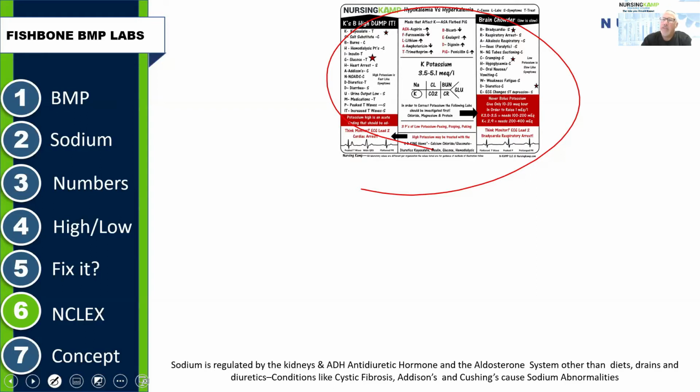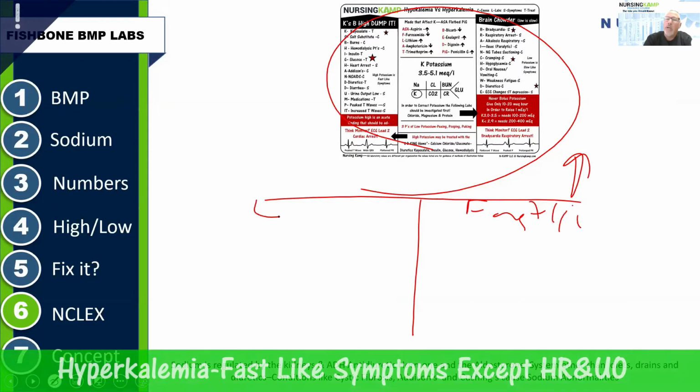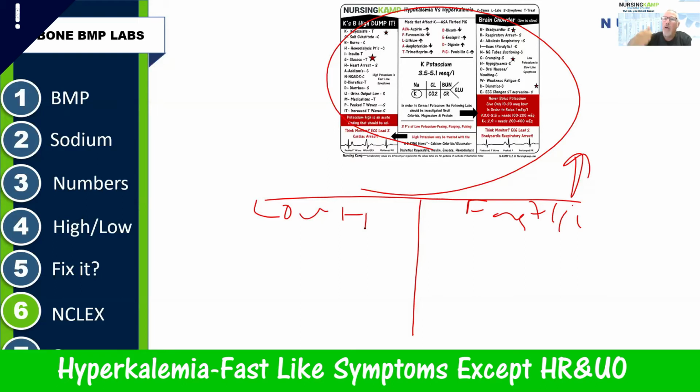With potassium, you should be able to generate your own list. The basic rule for potassium is that high is fast-like symptoms, and low is slow-like symptoms, except for heart rate and urine output. And that's the basic premise.